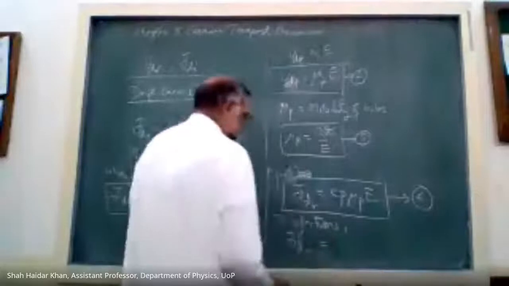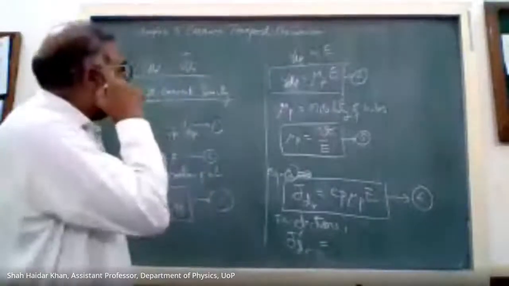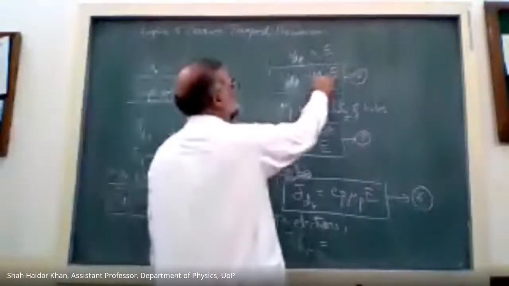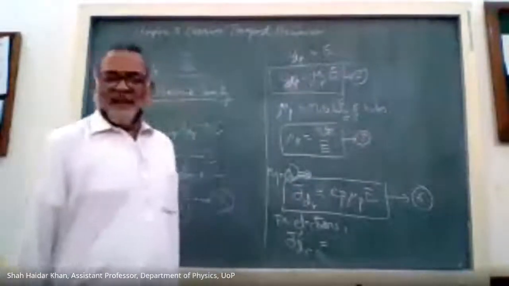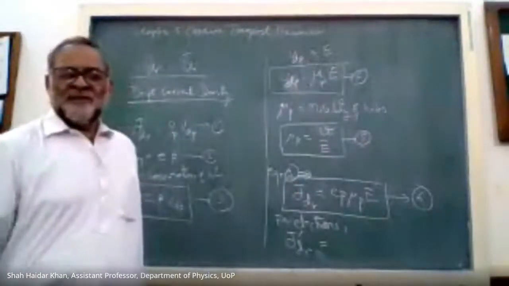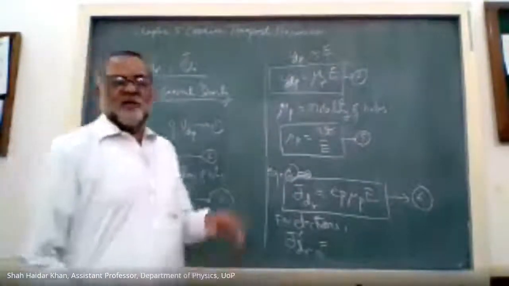That is equal to, again, minus mu n, where mu n is the mobility of electrons.